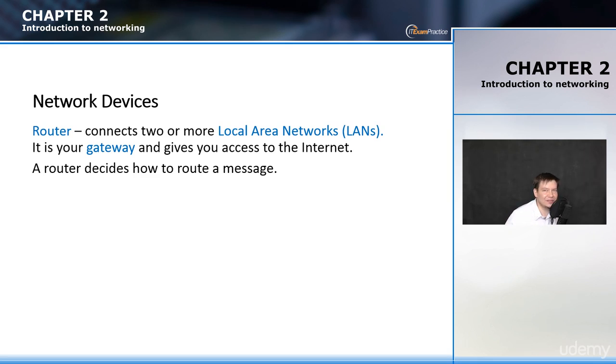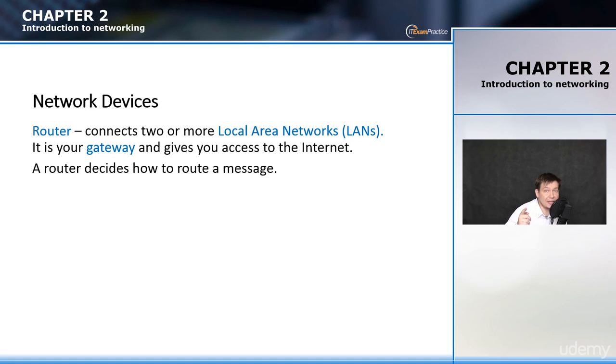But the most important thing for you to remember is that a router decides how to route a message. What does it mean? Well, there is a chance that a router has more than one path to get to Facebook.